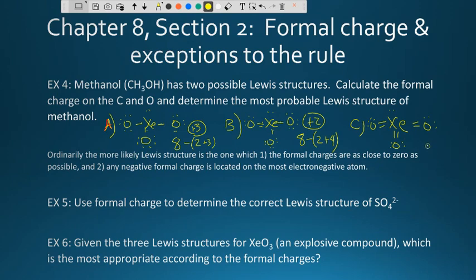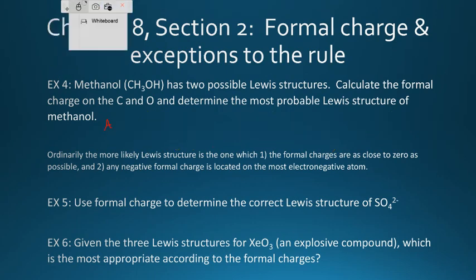And around this one, I see my valence electrons as 8, I have 2 unshared and 6 shared. So 2 plus 6 is 8, and 8 minus 8 is a formal charge of 0. Pretty easy. Option C is going to be the most likely one. So once you practice that, and know the little tricks to a couple of those, we're good to go. It's not too bad at all.